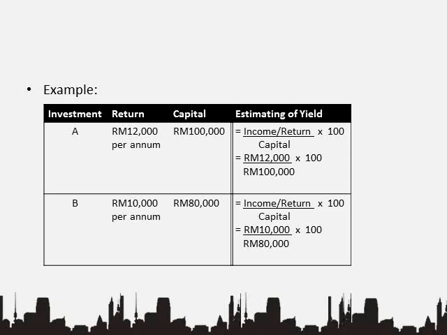Now we look at the results of yield. Investment A has a yield of 12%, and investment B has 12.5%.